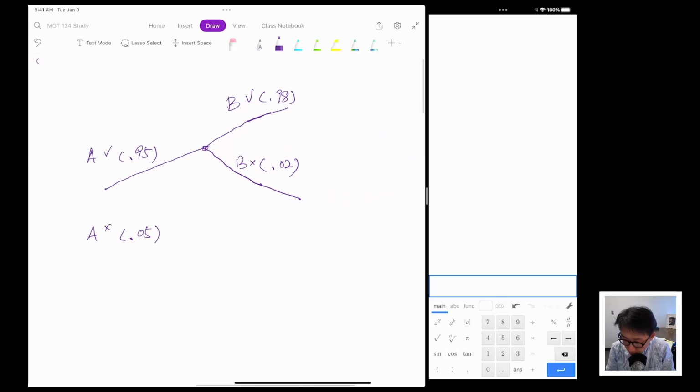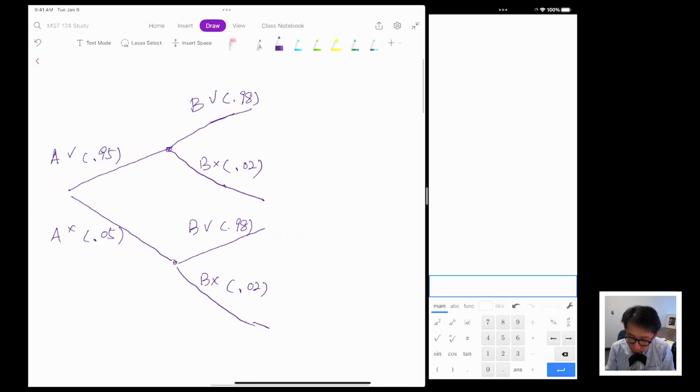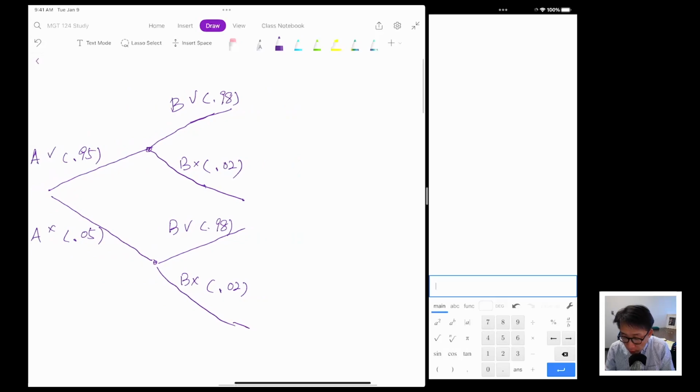Okay. Given A is not working, there are also two scenarios that can happen to B. B is working, and this percentage is 98%, and there's a chance that B is not working. We know that this chance is 2%. So now we have 4 different types of scenarios for this simple 2-component system.